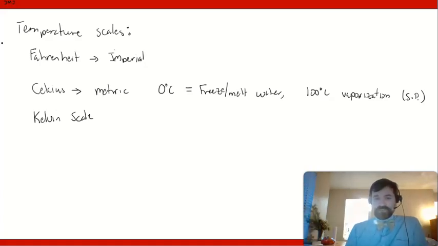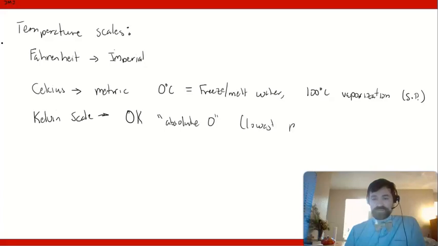The Kelvin scale basically makes use of some of the more salient points of both of these other two scales. So 0 Kelvin is absolute 0. It's the lowest possible temperature, at least classically.